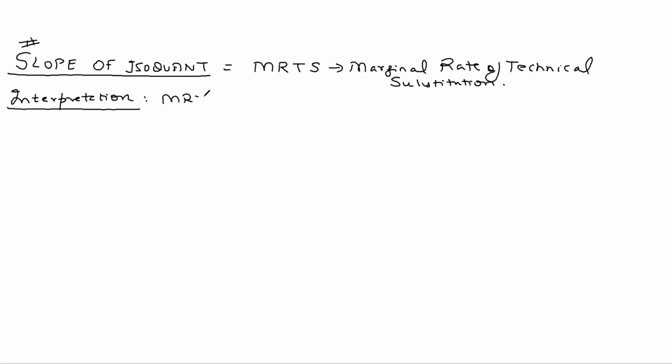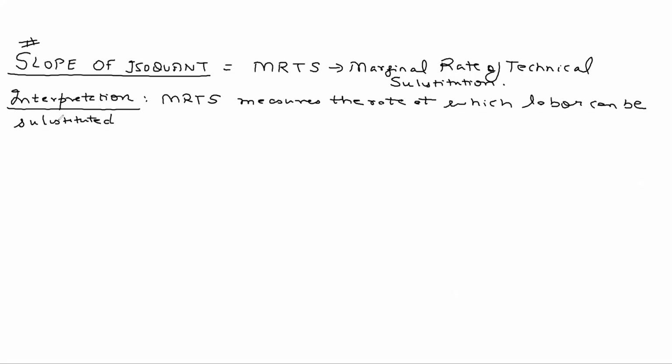So marginal rate of technical substitution measures the rate at which labor can be substituted for capital while holding the output constant along the isoquant.